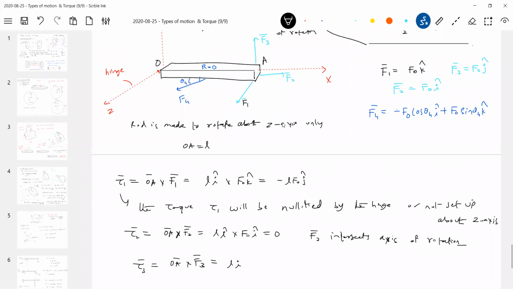OA bar is L i cap cross F naught j cap. i cross j will be k. So L F naught k cap. Torque, will this be 0 or non-zero? Yes, due to this, the rod will rotate. So what about the sense? About the z-axis, the torque will be directed along positive z-axis, and the rod will have a sense of rotation, I'm showing it.